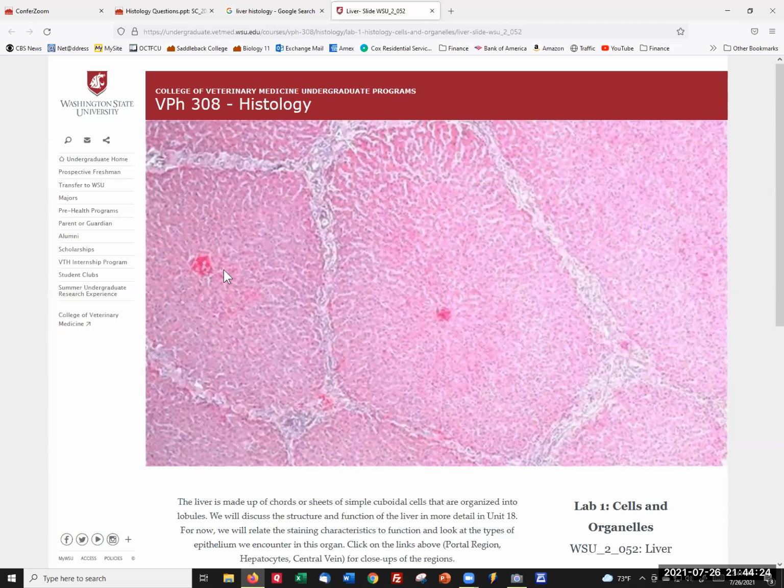Wherever 3 cells come together, you have a triad. 1, 2, 3, a triad. 1, 2, 3, a triad. Remember what's in a triad: a hepatic artery, a portal vein, and a bile duct.